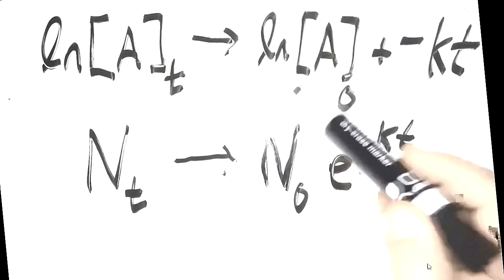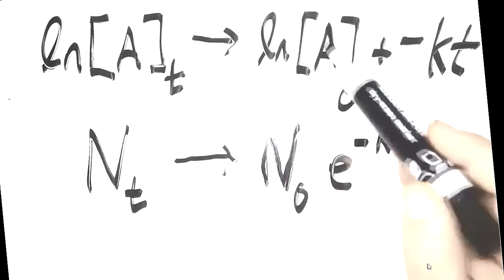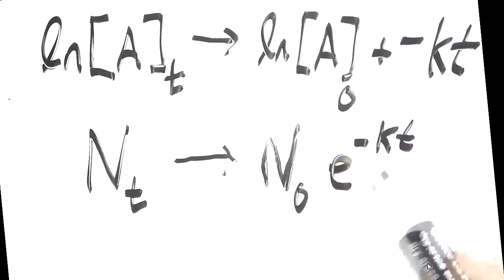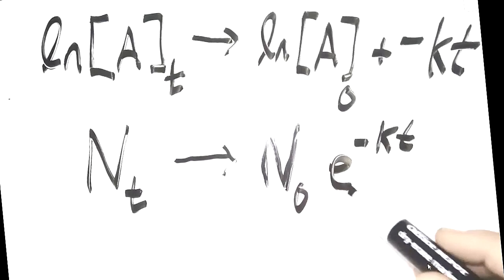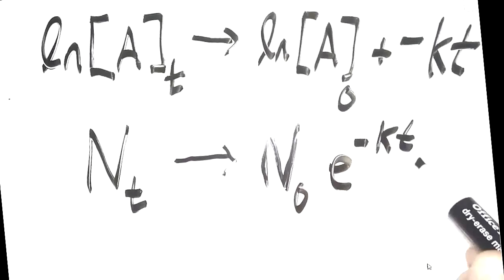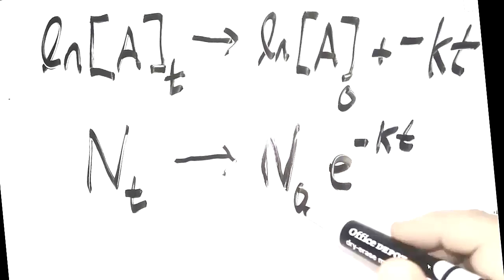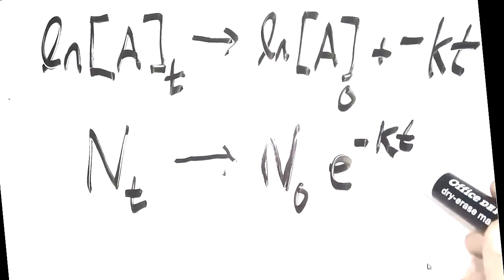And as you'll see, the natural log of A sub 0 will cancel out, and so that'll be very neat. But here, instead of using the natural log, we use e to the x, and we raise the power x to negative kt. So again, these two equations are similar, and they're very symmetrical.